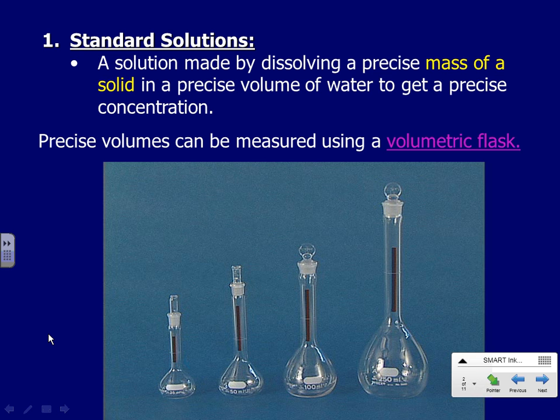One of them is starting from a solid, where we take a scale and we weigh a solid, and then we dissolve that solid. And the other one is from diluting an already existing concentrated liquid.